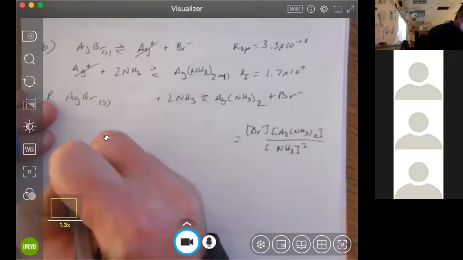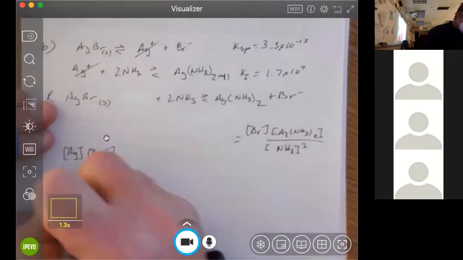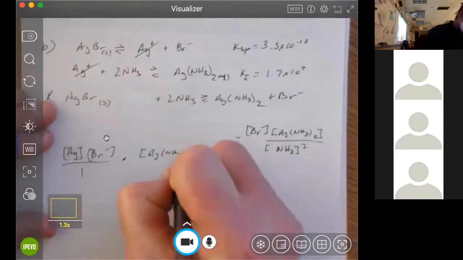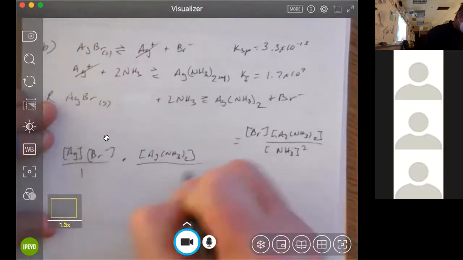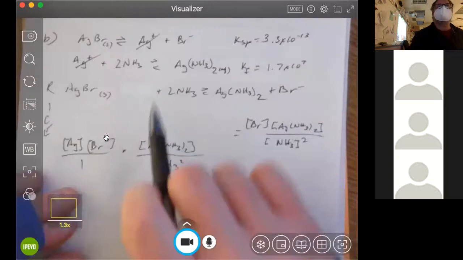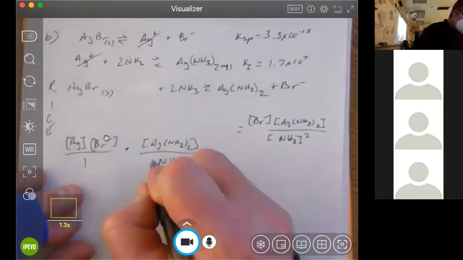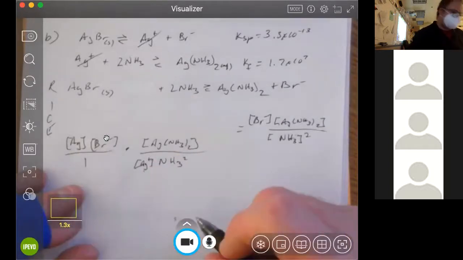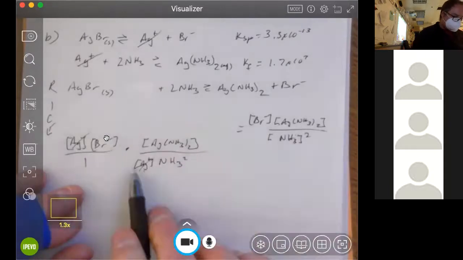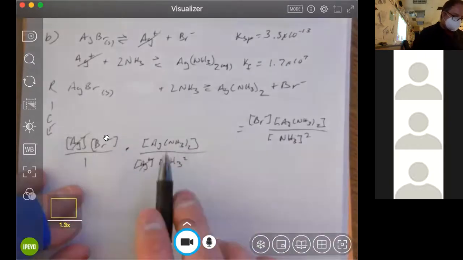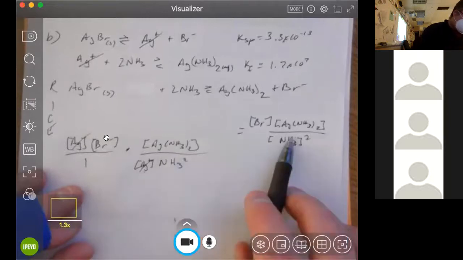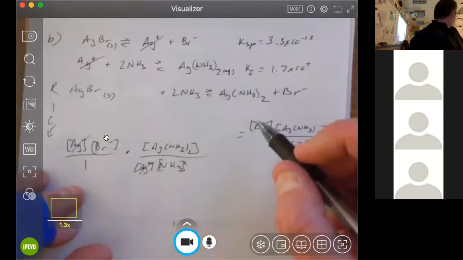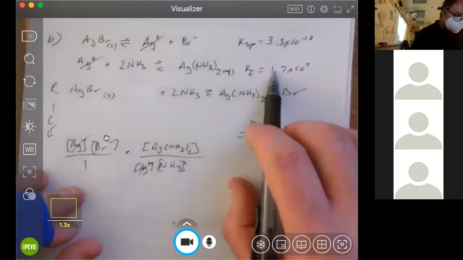Basically we have Ag Br negative over 1 times Ag(NH3)2 over NH3 squared, right? That's each of these separately, sorry, and then Ag here. What's going to happen to the Ags when we do this? They will cancel out. When we take this times this, we get this. So that means that instead of adding like you do with delta H, we need to take this times this to get the new K.